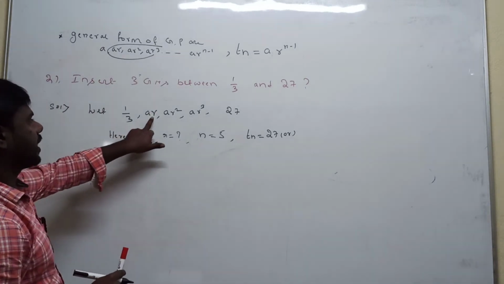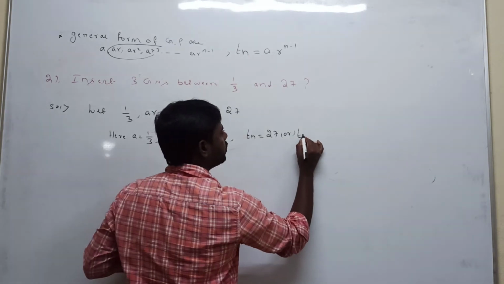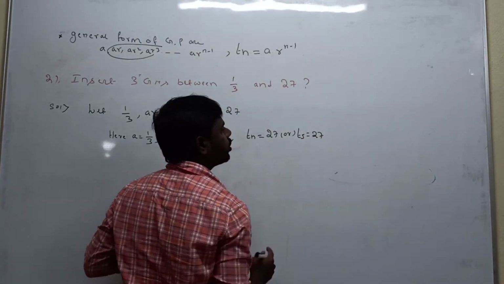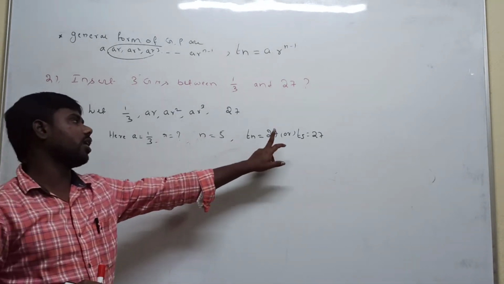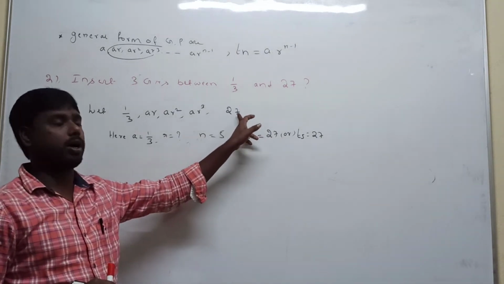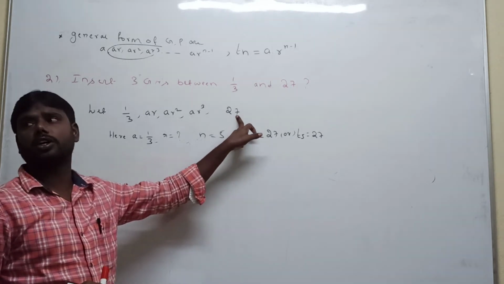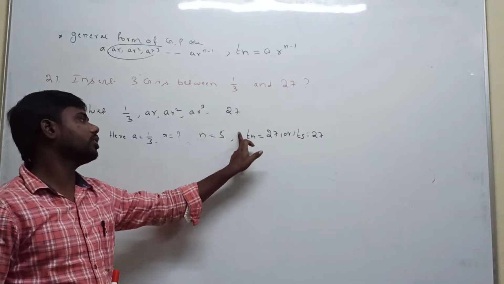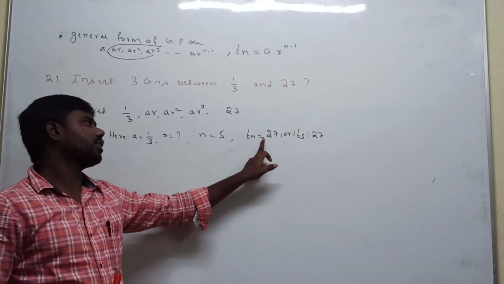That is, first term, second term, third term, fourth term, fifth term. So the fifth term is equal to 27. Both are the same, don't get confused. So Tn value is 27, or this value is the fifth term. Why are you writing the nth term value as 27? Because this is the last term, or nth term. So the nth term is equal to 27. What is n value? 5 only. That's why the fifth term value is 27.